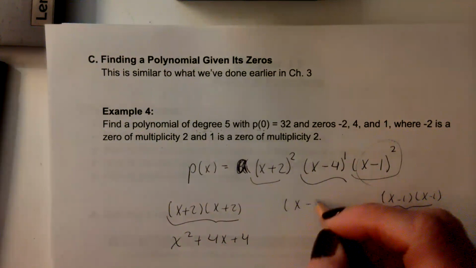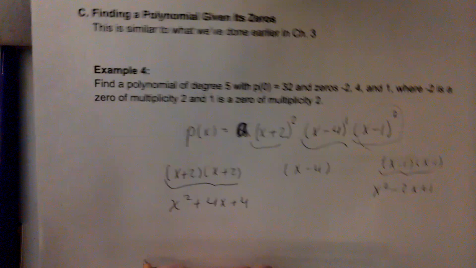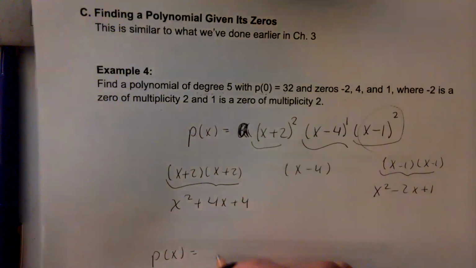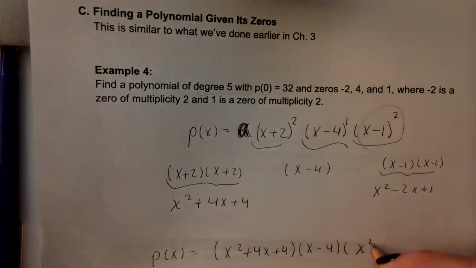And then we have the x minus 4. And so P of x is x squared plus 4x plus 4 times x minus 4 times x squared minus 2x plus 1.